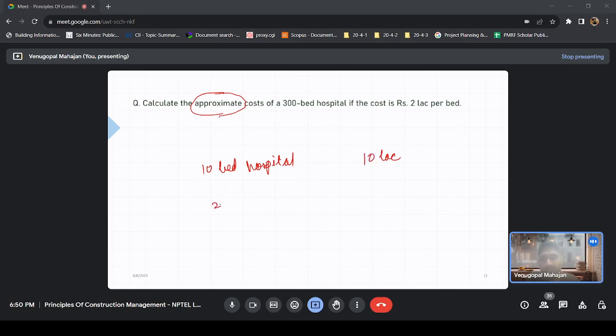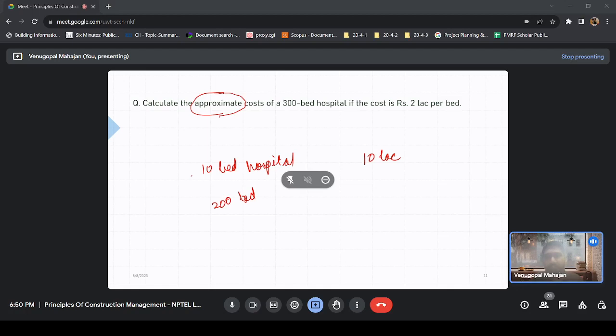But as soon as you start increasing the size, let's say 200 bed hospital, now you will see that the structural components have come in. It is multi-speciality. Other facilities such as plumbing or oxygen supply, lift required, your safety requirements, your emergency exits have increased.